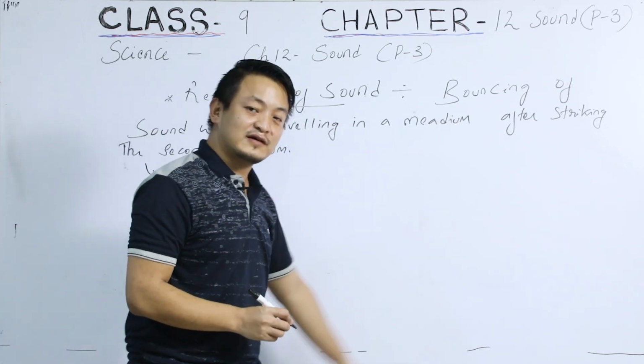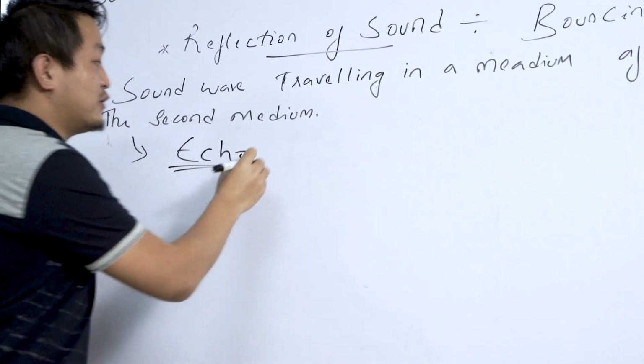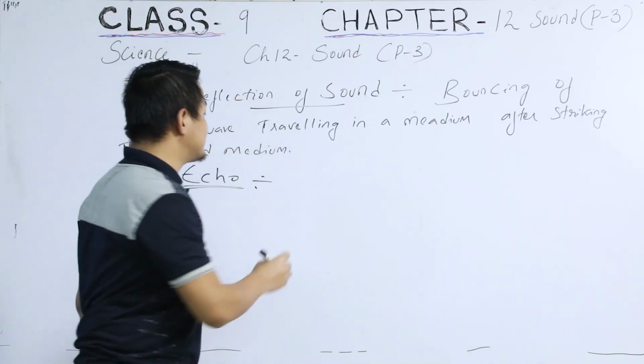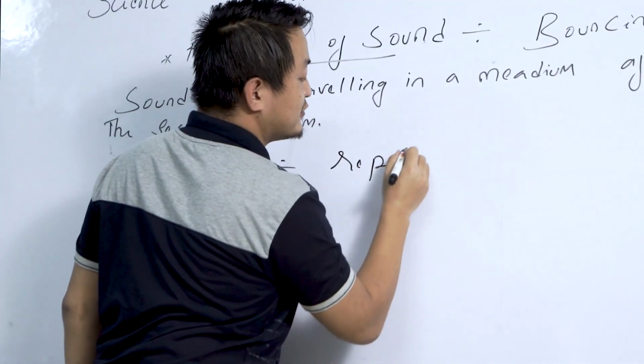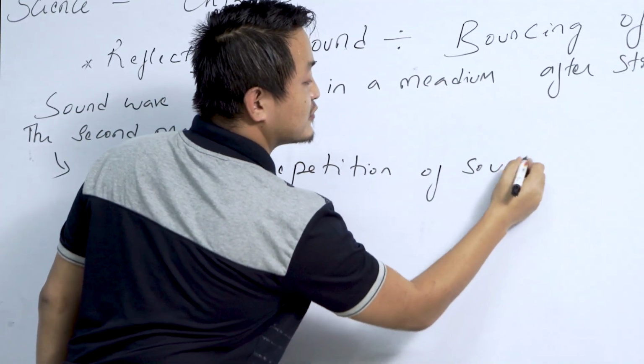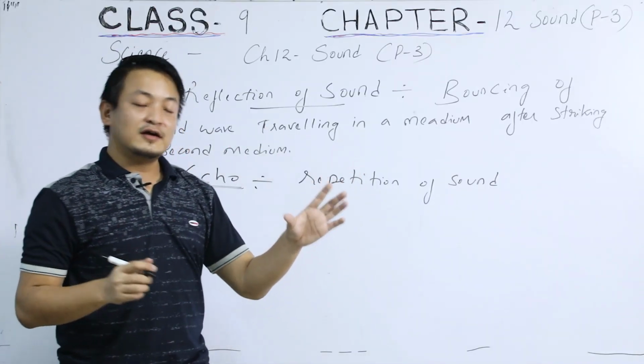So now one example of reflection of sound. The most common example is an echo. An echo is caused because of reflection of sound. It is a repetition of sound. I'm sure you have heard an echo.